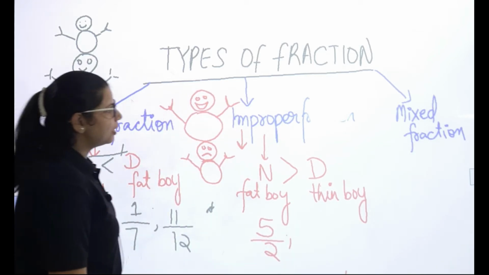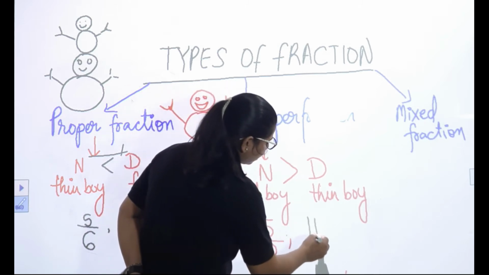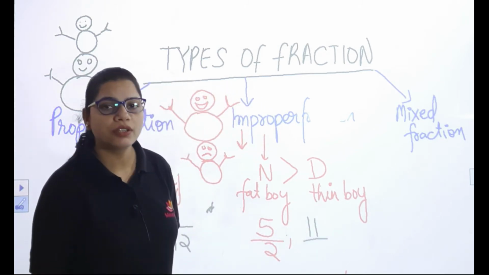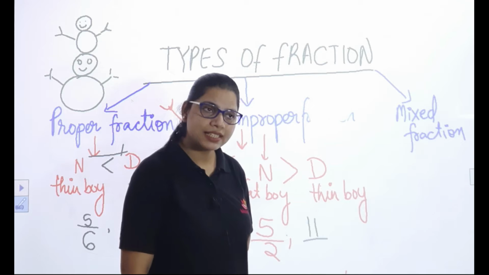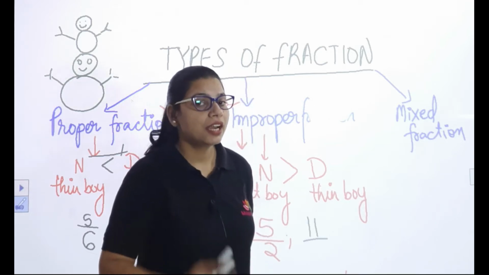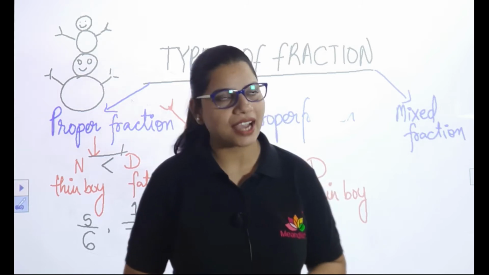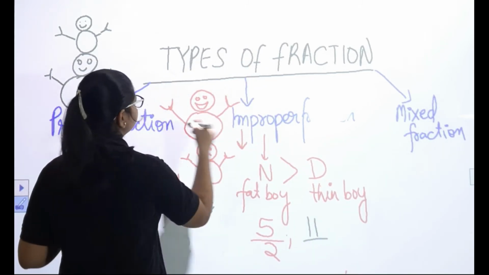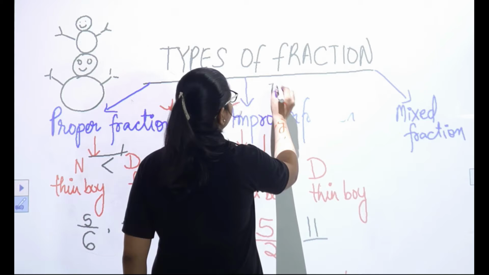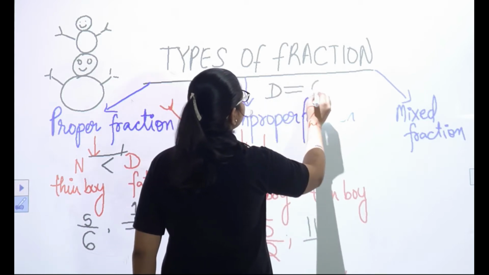If the numerator is 11, now tell me what could be the value of the denominator? Yes, less than 11. Remember, the denominator can never be 0 when we are writing a fraction. So where should I write? Denominator is not equal to 0.